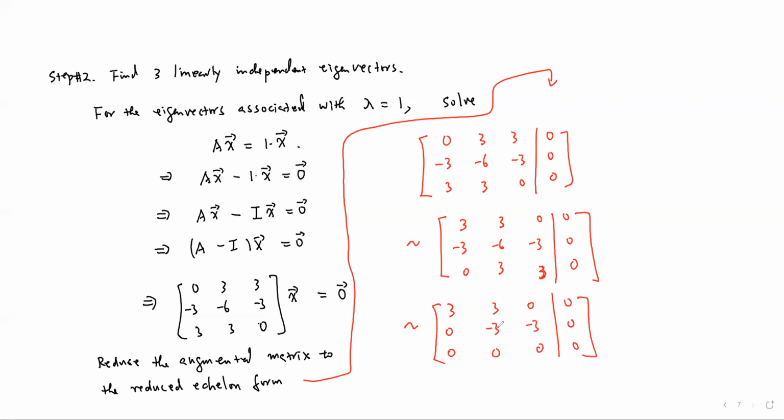Positive 1 times row 2 added to row 1, then negative 3 plus 3 is 0, negative 3 plus 0 is negative 3. Yeah, here, negative 3.